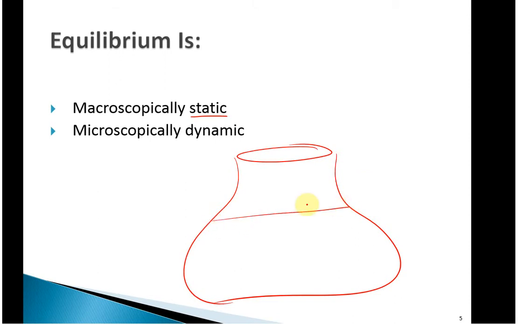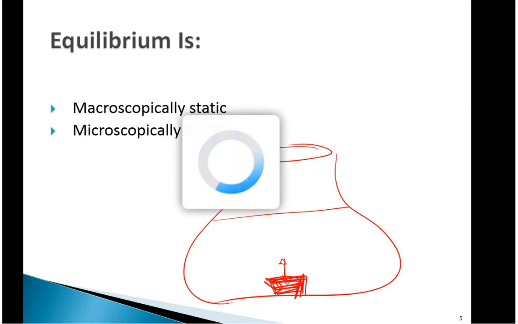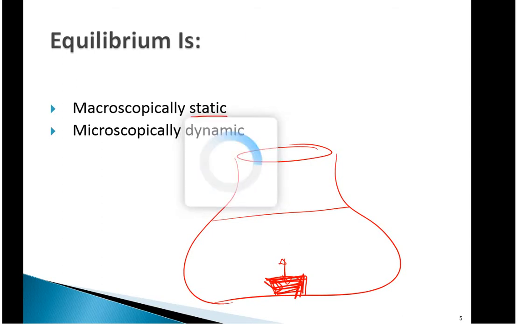Say you had a solid and some of it is dissolving, but if it's supersaturated, some of it is also going to be precipitating back out. So you have things shifting all the time, but it's going to look the same. It's going to look like the same amount is precipitated out, the same amount of reactant, the same amount of product. If it's at equilibrium, it really doesn't look like anything's happening, even though it is.